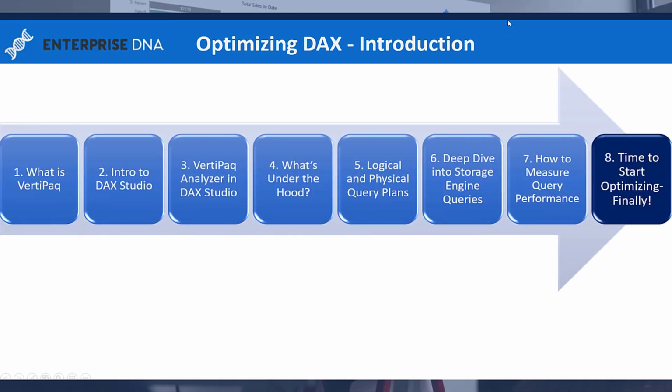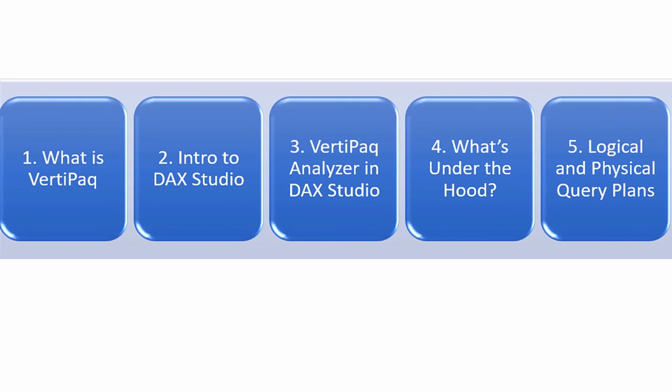Our first module will be on what is VertiPaq. VertiPaq is how our data is stored, so we need to figure out how to set up our data model first that can best optimize or use the DAX equations as best possible. After that, we will do an introduction to DAX Studio, which is a great free software available, really the only way to be able to measure and see what's happening behind the scenes with all your DAX measures and associated data model.